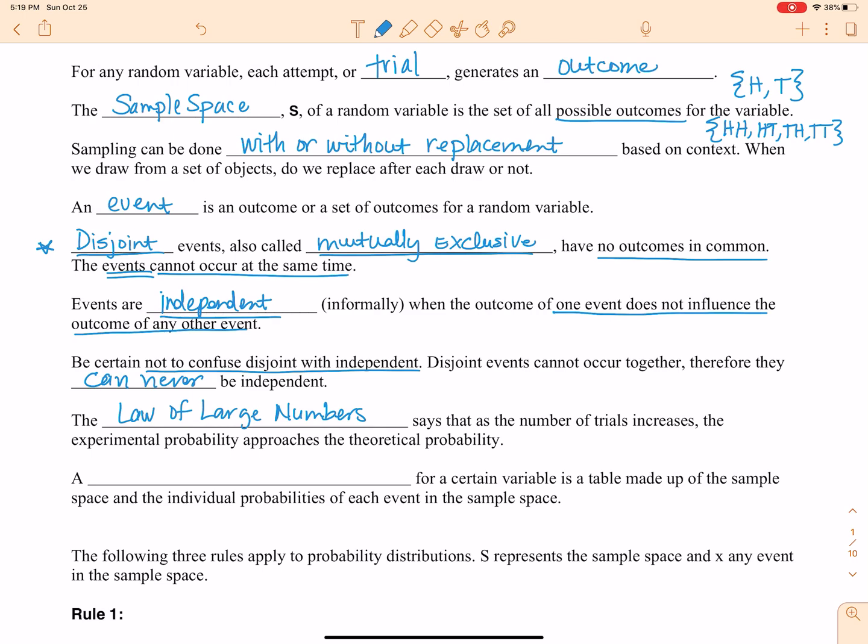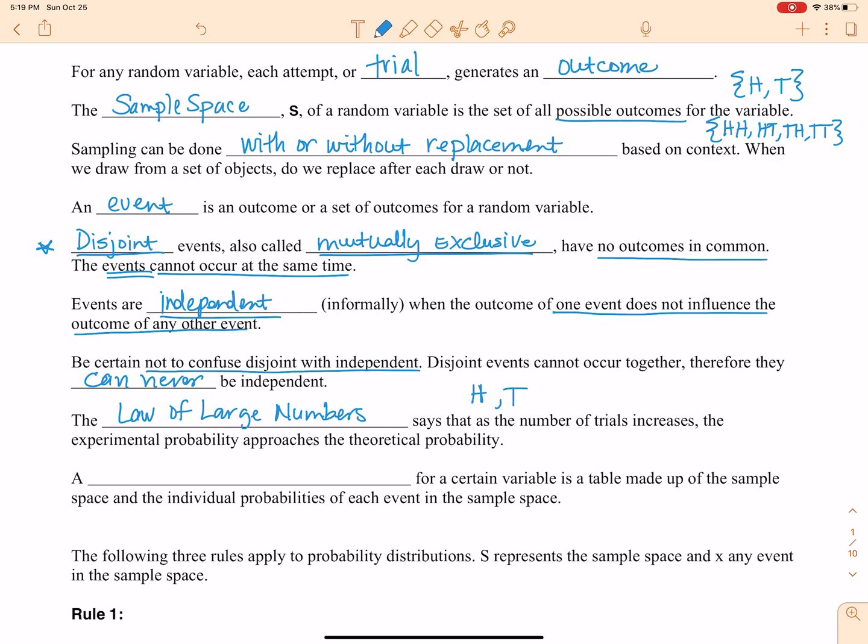What does all that mean? Well, think about it this way. If you've got a coin and it can land on heads or tails, that's a 50-50 shot that you'll get heads or tails. So if I flip a coin 10 times, am I going to get 5 heads and 5 tails? Probably not. But if I flip that coin 10,000 times or 100,000 times, guess what's going to happen?